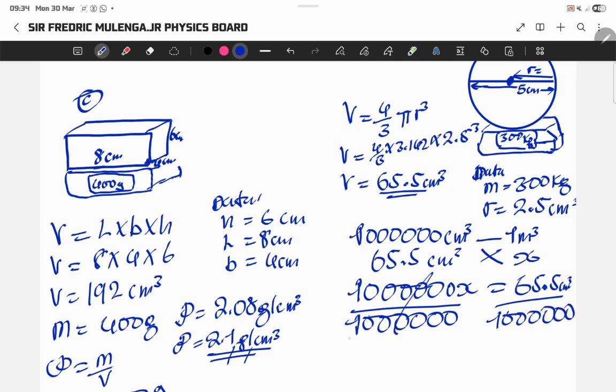So x is 65.5 divided by 1 million, which gives me 0.0000655 meter cubed.